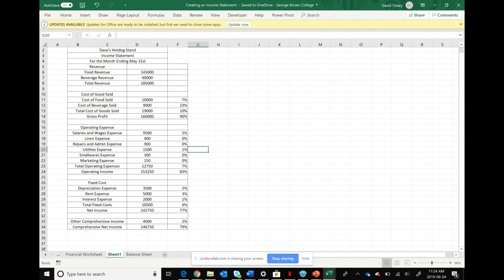Because this is prepared in good format. The one in the journal or the worksheet is not prepared in good format. Net income is your earnings. It's your profit.